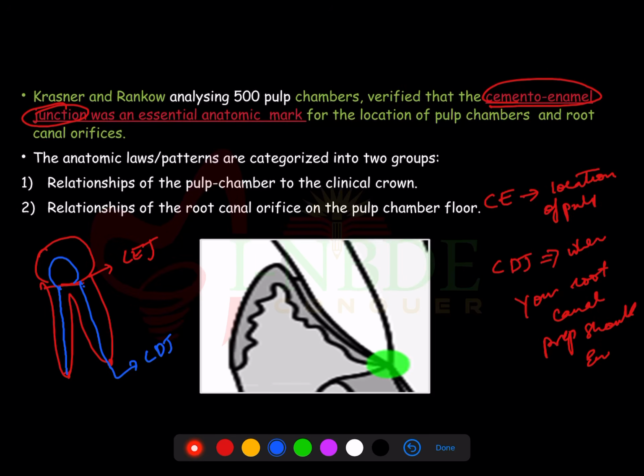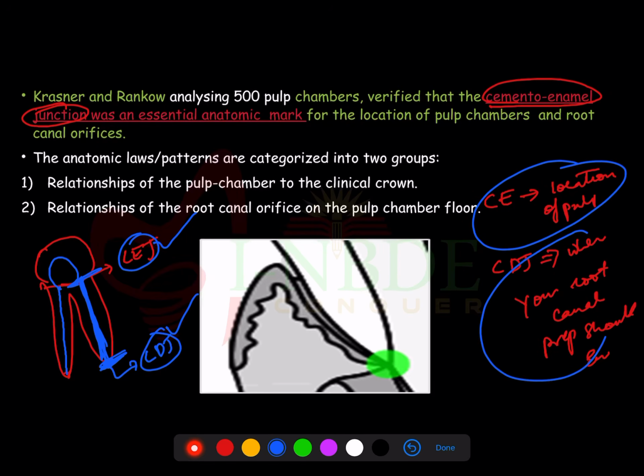So your root canal preparation is going to start at the cemento enamel junction and end at the cemento dentinal junction. This is the end where you are going to find the working length. So your working length, your biomechanical preparation, your obturation, everything should end at the cemento dentinal junction. They should start at the cemento enamel junction, right? So location of pulp chamber, cemento enamel junction, and end of your preparation, everything, cemento dentinal junction.